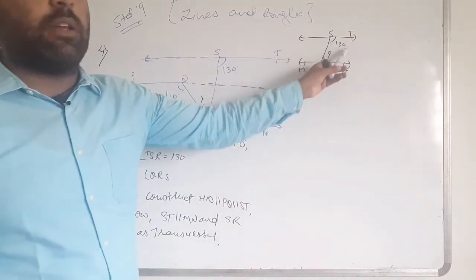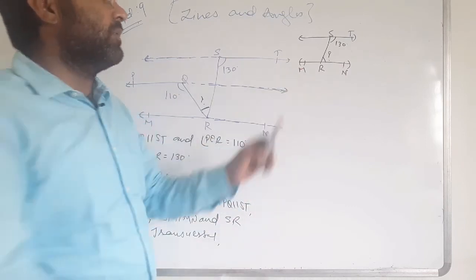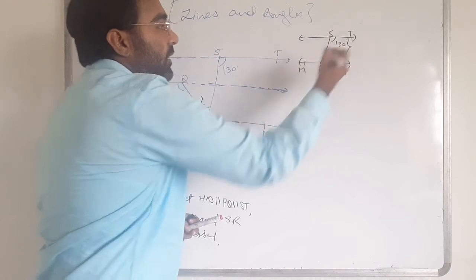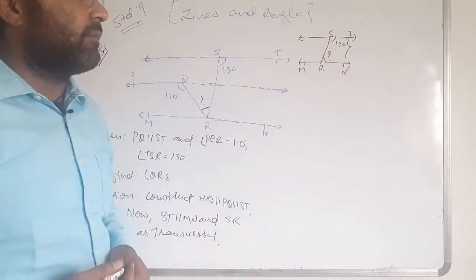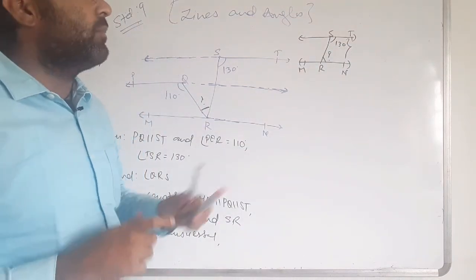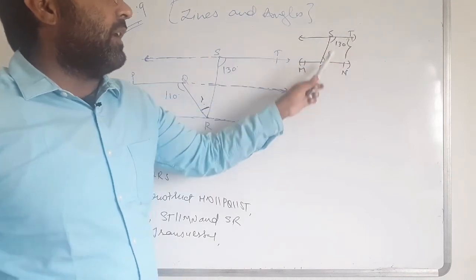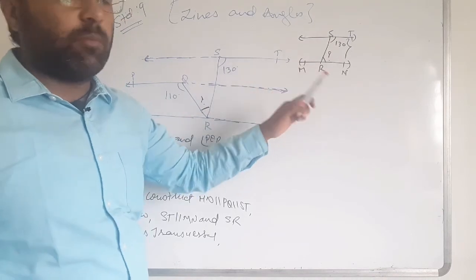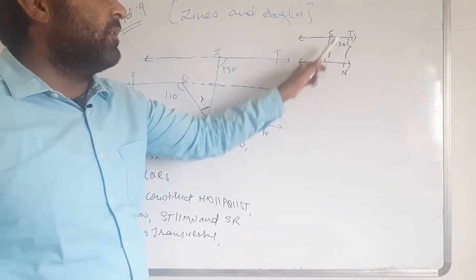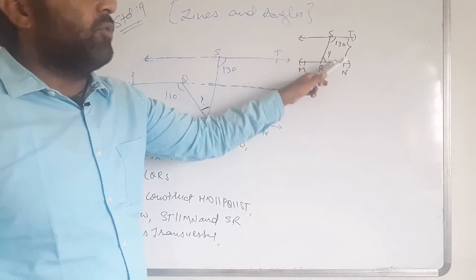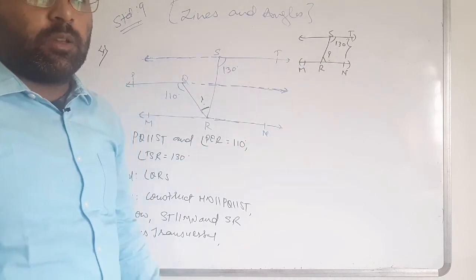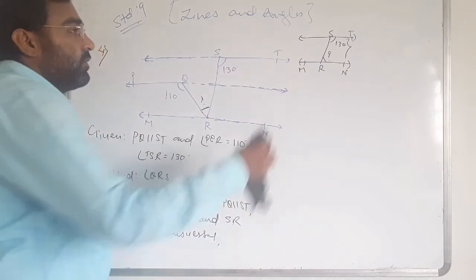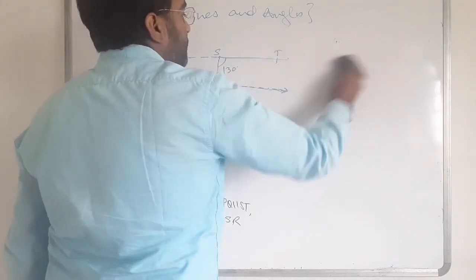Here these two angles are co-interior angles because they are formed between the two parallel lines on the same side. So we have to write TSR plus SRN, total 180 degrees, co-interior angles.